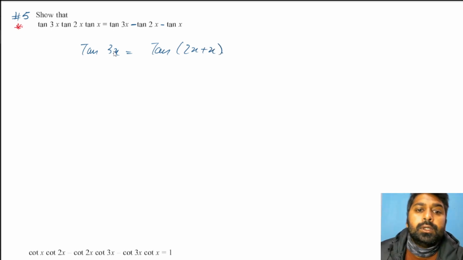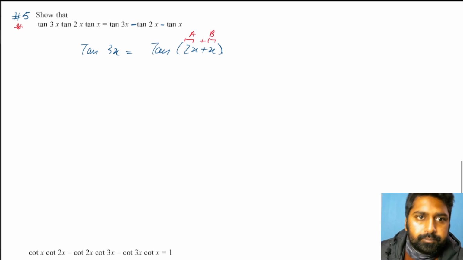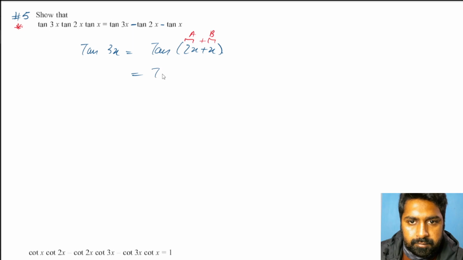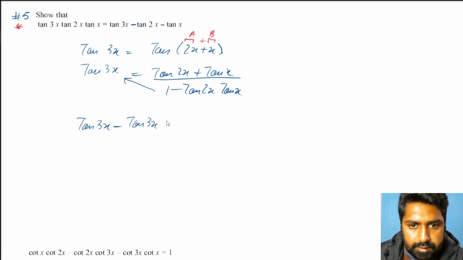I've broken down this 3x as 2x plus x, and I apply the property of tan A plus B, so it becomes tan A plus tan B upon 1 minus tan A tan B, and I cross multiply this expression here. So that becomes tan 3x minus tan 3x, tan 2x, tan x.